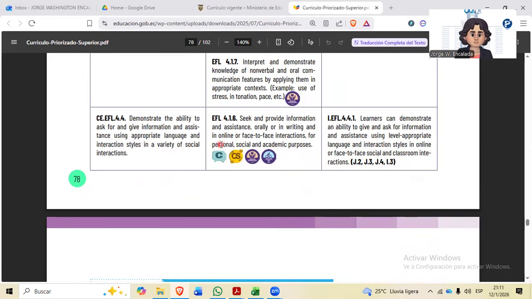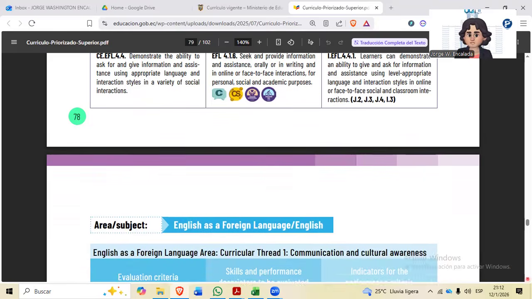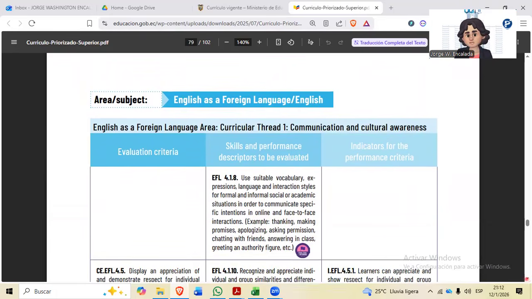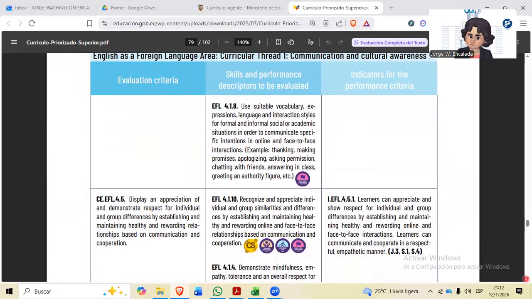And here also we have some curricular insertions and some competencies that our students are supposed to develop, or how we can make them improve with these competencies. But we are going to analyze these once we learn to identify the different evaluation criteria, skills, and indicators next week, okay?